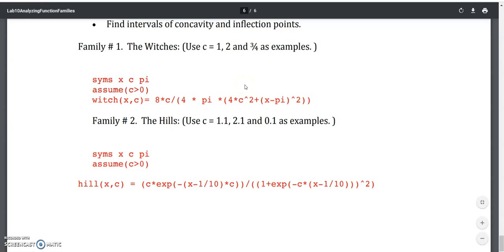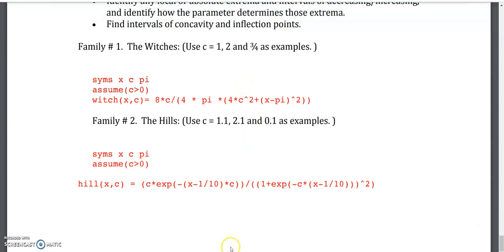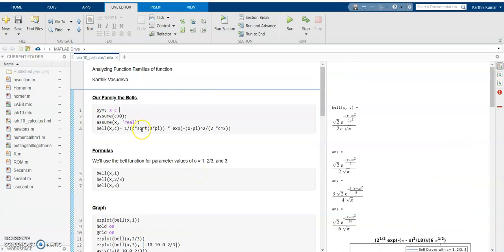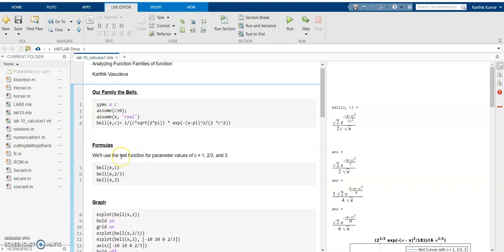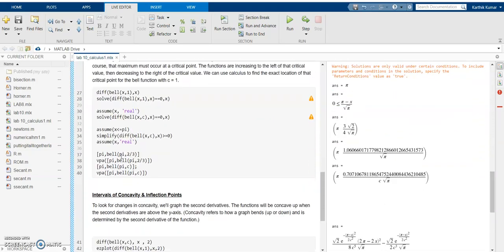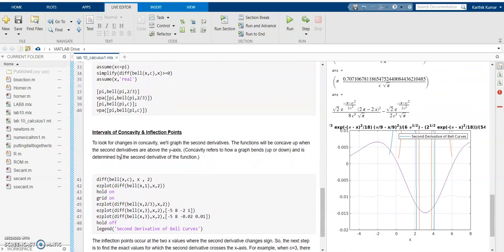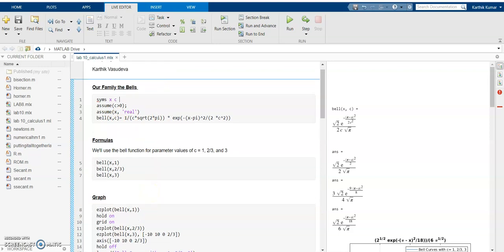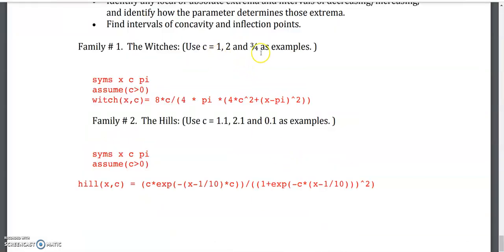So you have to repeat the same procedure and find all the necessary information that we need, say formulas, graph, intercepts and asymptotes and all of these. Repeat the same procedure for hill and which, and replace c with the given values of c that are given here.